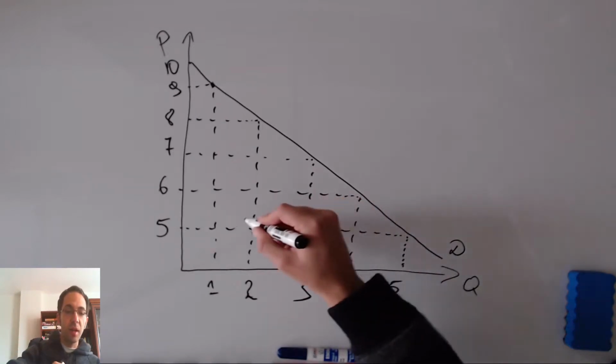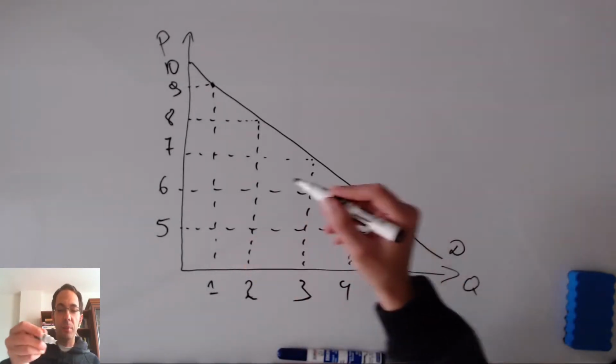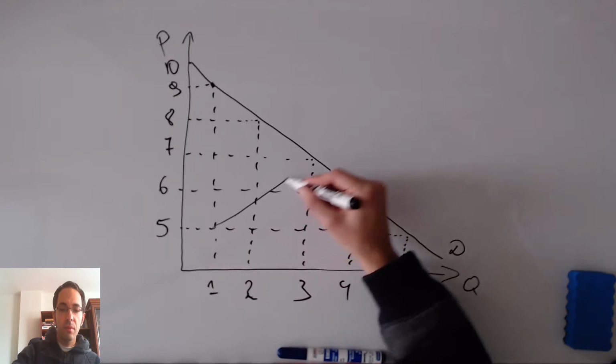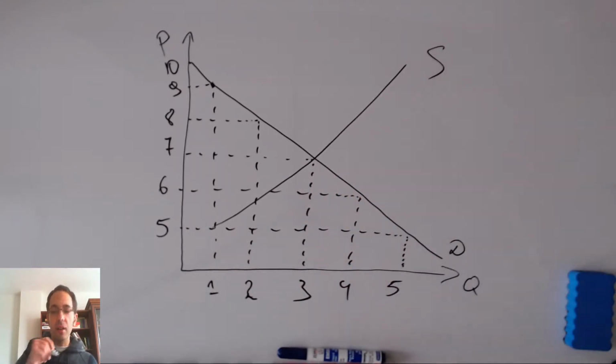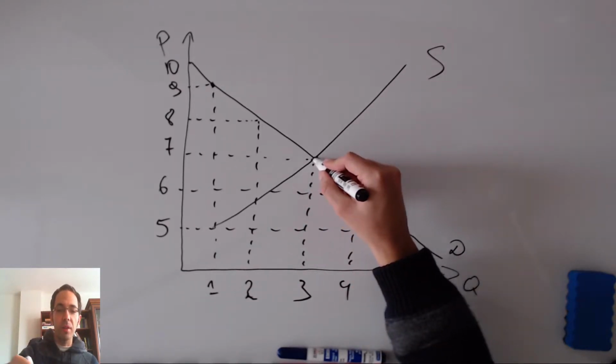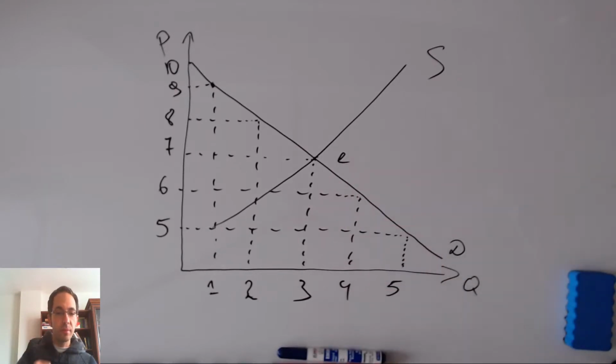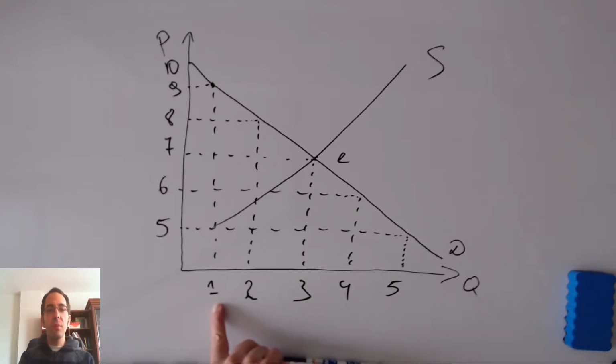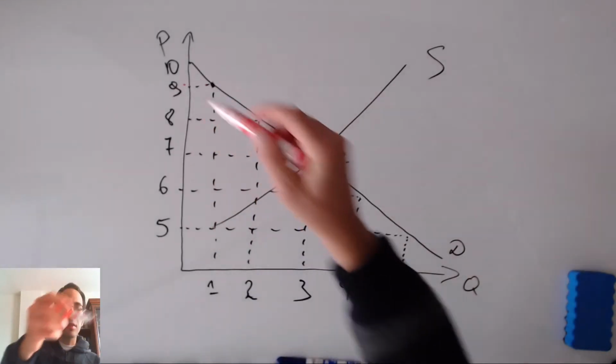And we can illustrate this. We have a demand, so let's add a supply curve. So this is my supply curve, and we have an equilibrium at the moment at point E. So if we want to find out the total consumer surplus that we are having in this case, we can do the following. Now, the first person was willing to spend, in this case, $9.